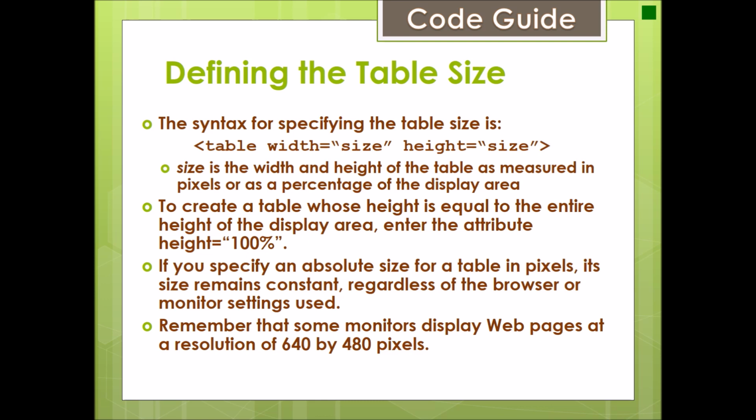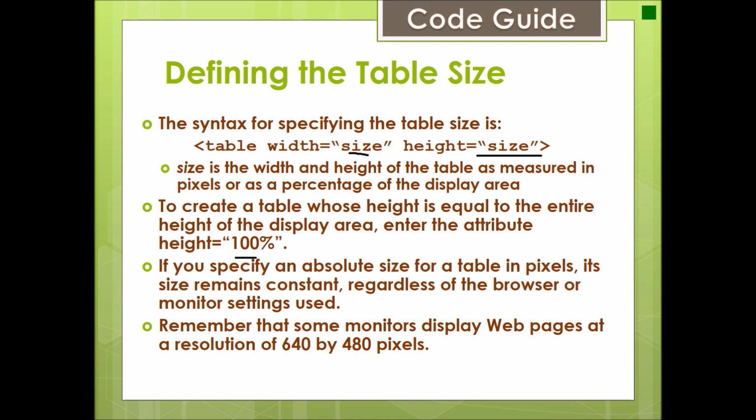Defining the table size: width equal to size and height equal to size determine the width and height of a table, measured in pixels or percentage. To create a table whose height is equal to the entire height of the display area, height equal to 100% will work.